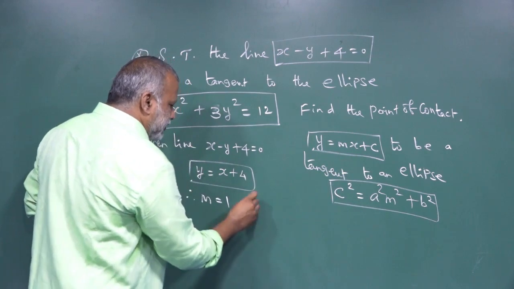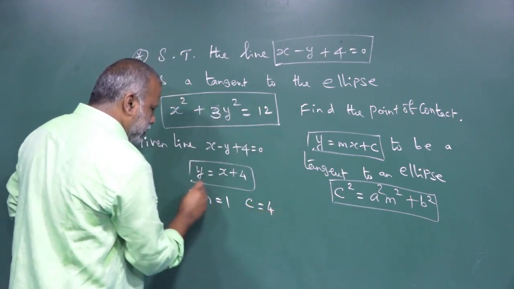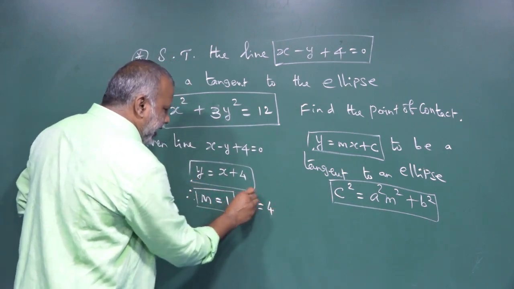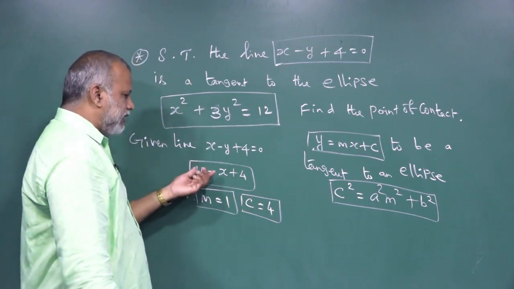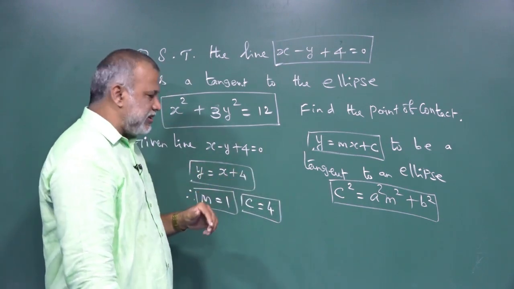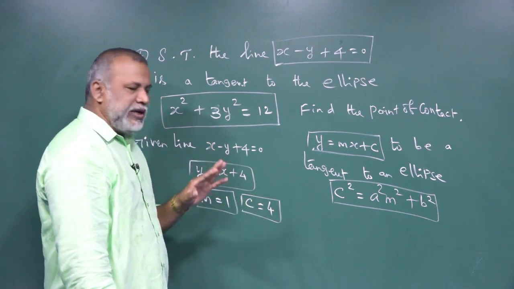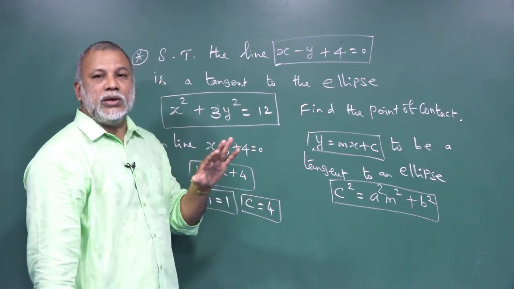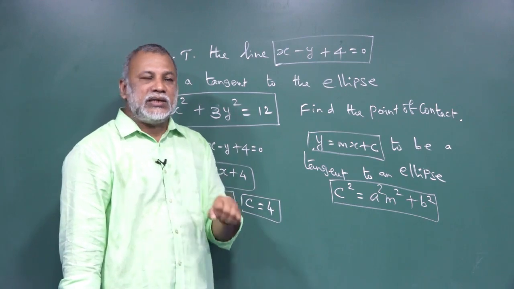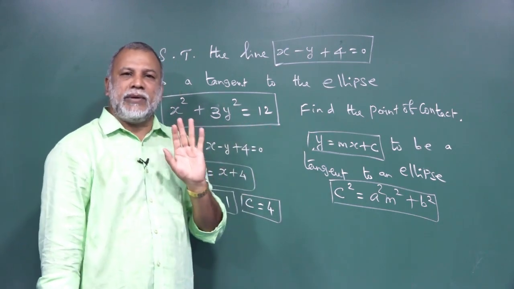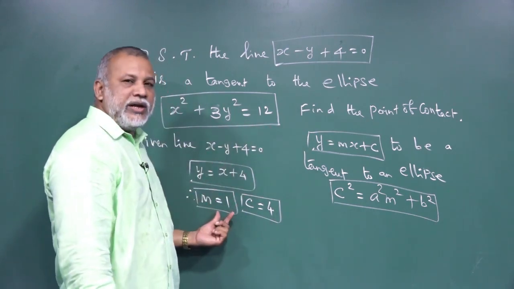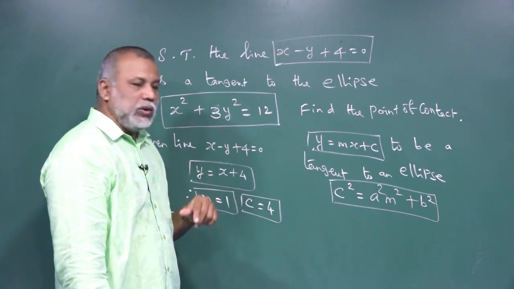Then what is the value of c? c equal to 4. So from the given line, m equal to 1, c equal to 4.